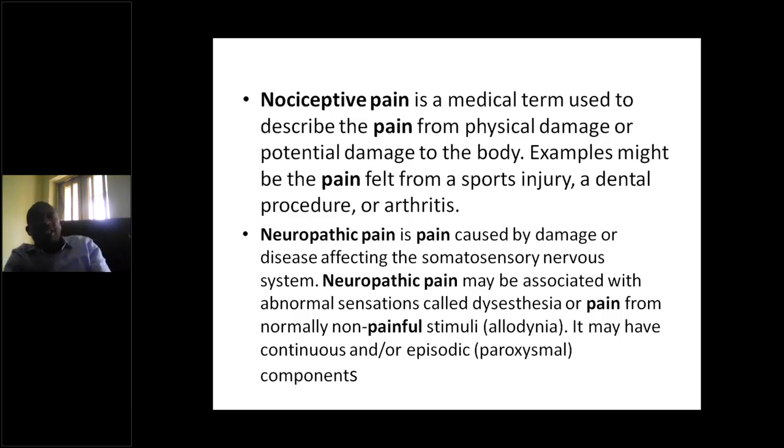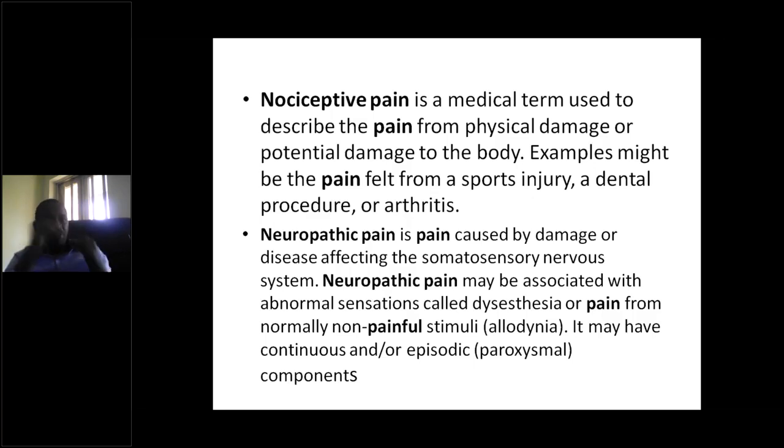So nociceptive pain is a medical term used to describe the pain from physical damage or potential damage to the body. So for nociceptive pain, there is a potential damage, something happened. Something caused the tissues of that place to be harassed or to be torn.